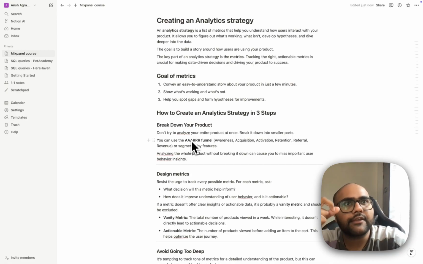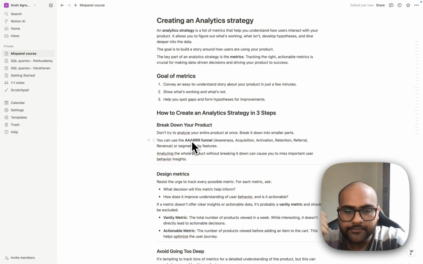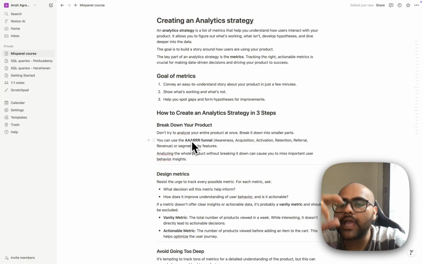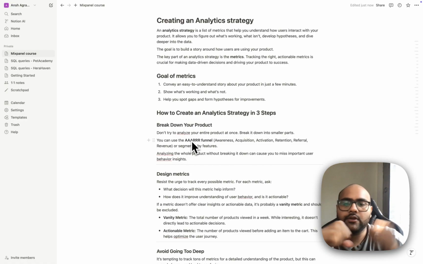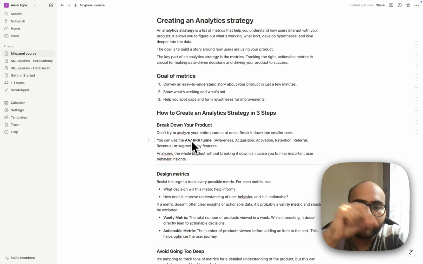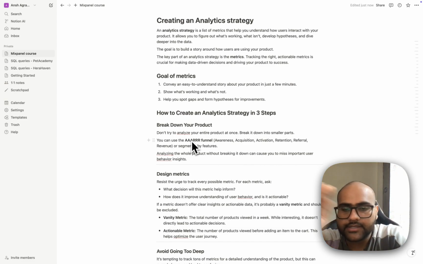If I see this metric moving upward, downward, or wherever it is, what decision will it help me make? And two, how does it improve understanding of user behavior, and is it actionable? Can I act on it? Sure, I get some information, I know it's going up or down, but can I act on it? If a metric doesn't offer clear insights or actionable data, it's probably a vanity metric and should be excluded.